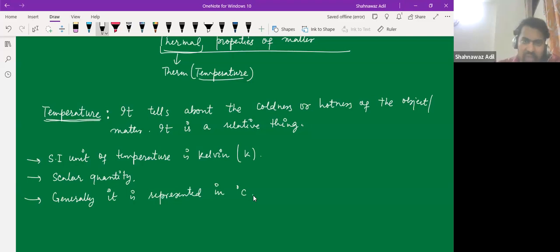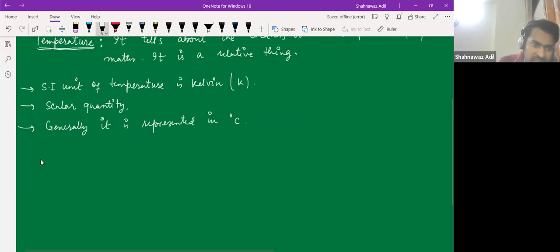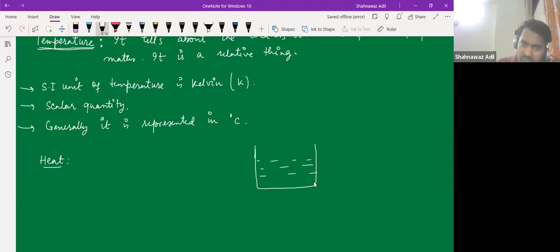And from temperature, we define the idea of heat, right? So what is heat? Let's say you have some water in a beaker and you are boiling this water, so you are increasing the temperature of this water.